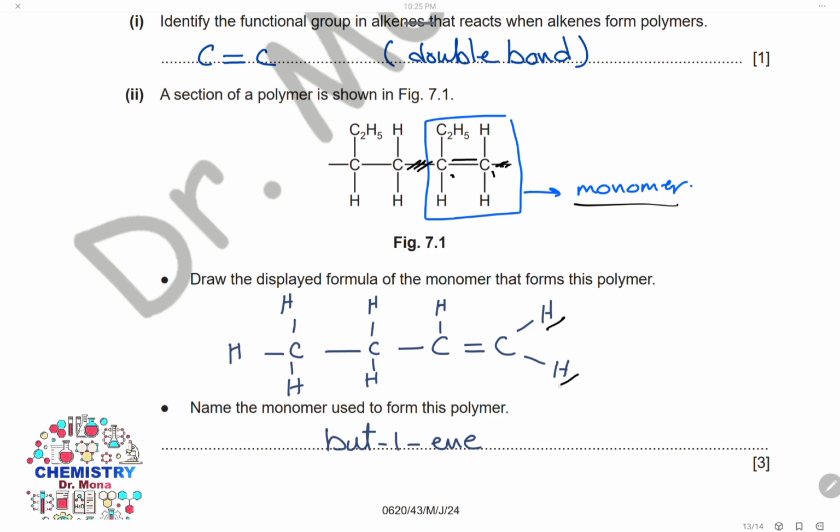Carbon number 2 has a hydrogen and C2H5, so we will add the hydrogen, and the C2H5 will be drawn in displayed formula as CH2CH3. So let's name this compound. Here we have carbon 1, 2, 3, 4, and the double bond on carbon number 1, so it is but-1-ene.